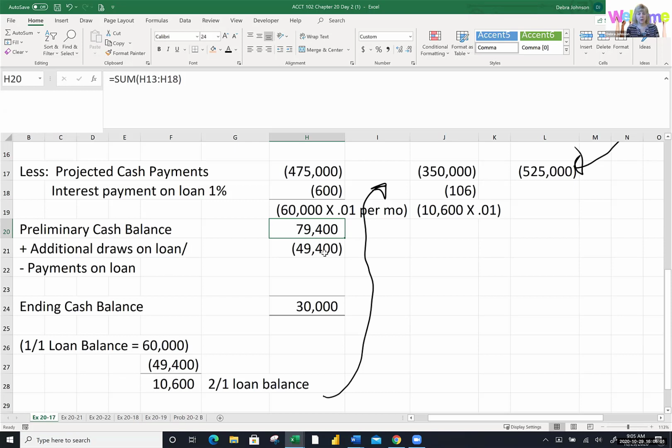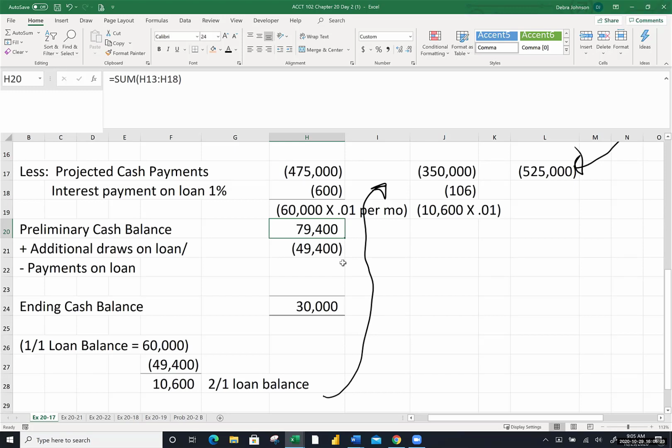So where that number came from is the difference between what we have and 30,000. I have to have 30,000. So the rest of it I'm going to use to pay back that loan. Is that clear? Thank you. Yeah.